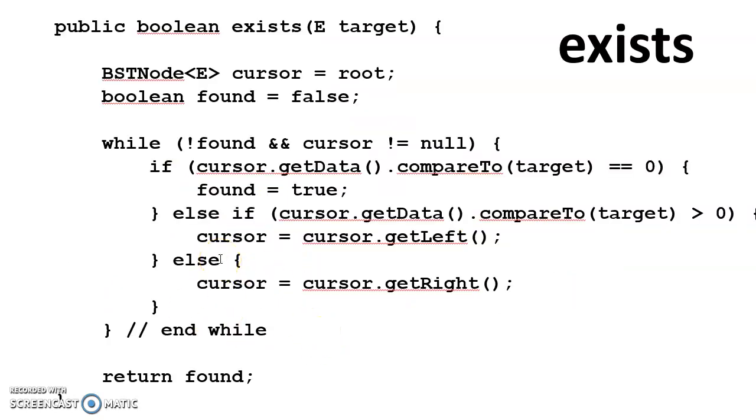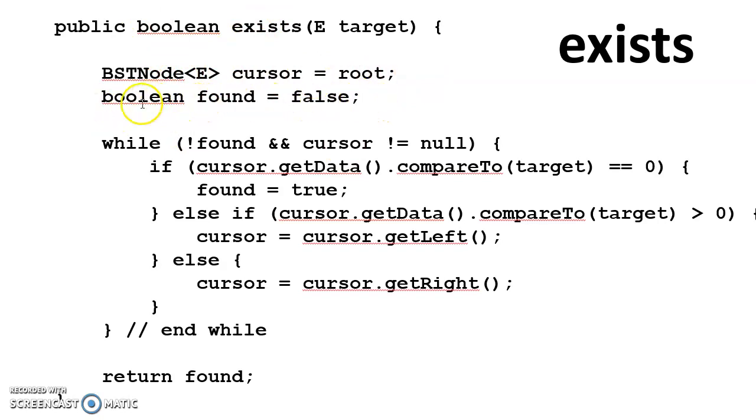One of the things that exists in a tree has that we didn't have in linked lists is we need to determine: are we going to go left or right? So in terms of similarities, this was deliberately written to be as close to the exists in linked lists. There are other ways of doing it, but I just wanted to do this one simplistically right now. So cursor starts off at root.